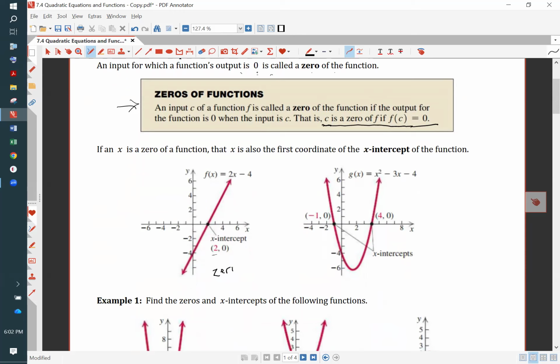The 0 here equals 2. Okay. And this one is the same, but it has 2 x-intercepts, (4, 0) and (-1, 0). And again, their first coordinate is in red to show you that those are the zeros.